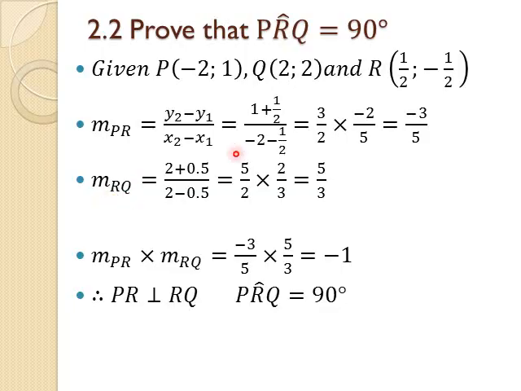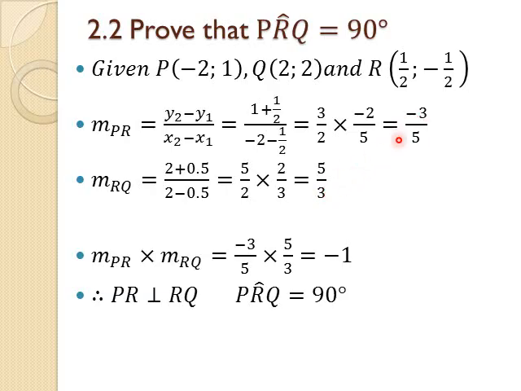So gradient RQ, my y value first, 2 minus minus half becomes 2 plus half, and 2 minus half, 0,5. So 2 plus half is 5 over 2, 2 minus half is 3 over 2. Change division to multiplication, it becomes 2 over 3. 2 and 2 cancel, so I'm left with 5 over 3.